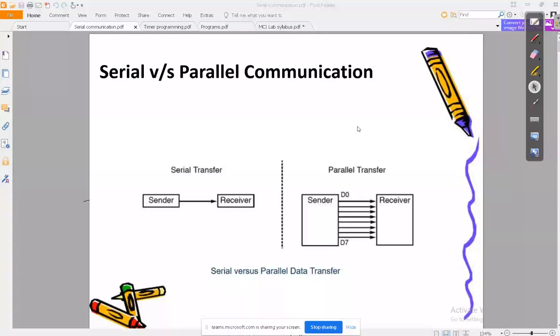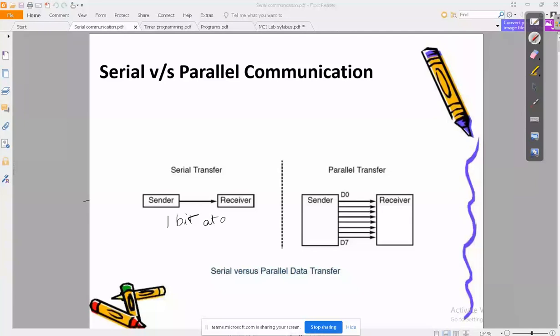So in serial transfer, we are sending the data bit by bit, one bit at a time.